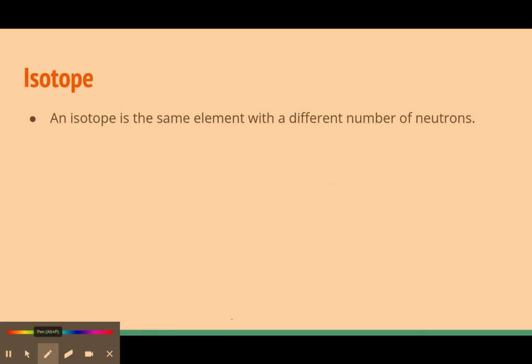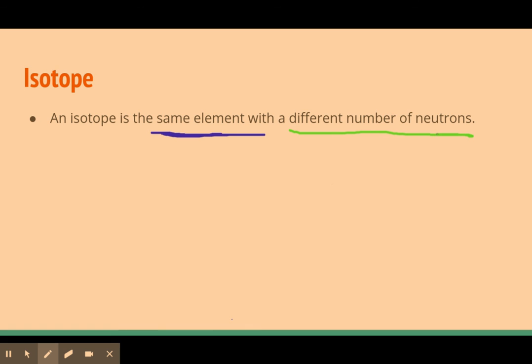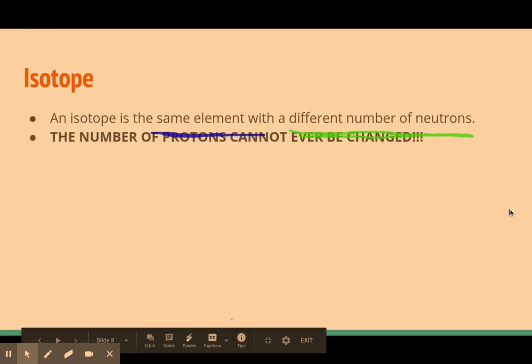So that is the key here, that you have the same element, but you have a different number of neutrons. I can have an isotope of carbon where it might have 6 neutrons, and I can have another isotope of carbon that might have 7 neutrons. Same element, different number of neutrons.